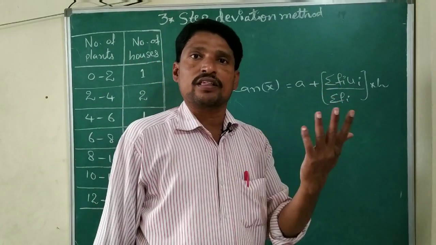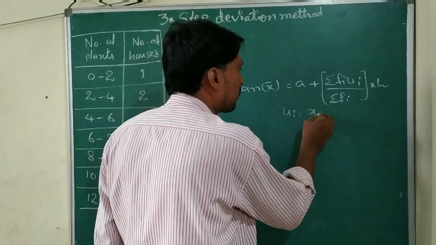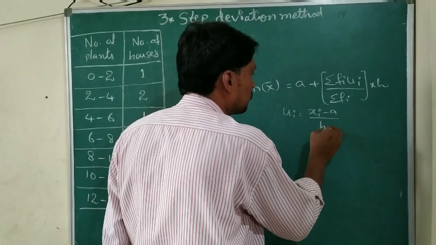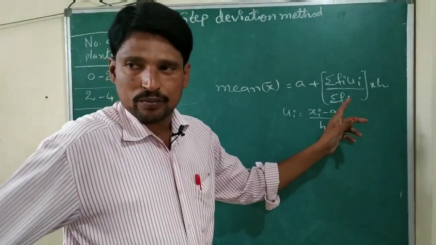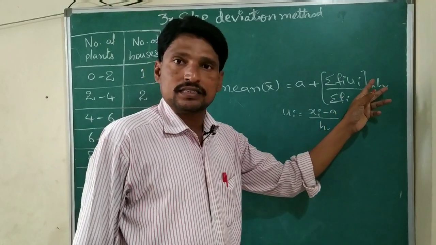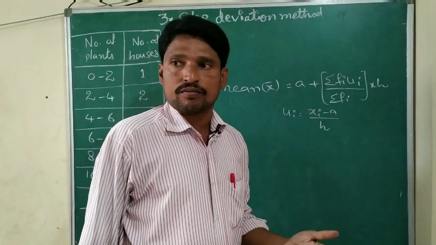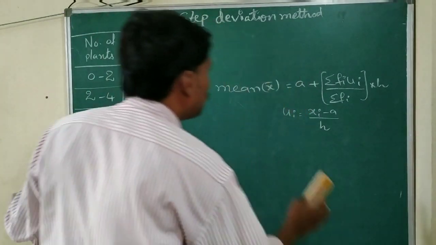Fi means the frequency of the ith class. Ui is given by the formula xi minus a by h. Sigma fi means the summation of total frequencies, and h equals the height of the class.